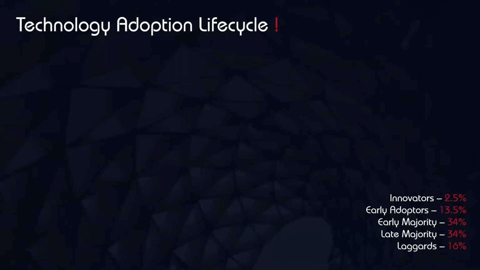These people help the innovators and join those innovating technologies at a very early stage and help the technology to develop. Then we have the early majority and late majority, which comprise 34% and 34% respectively.